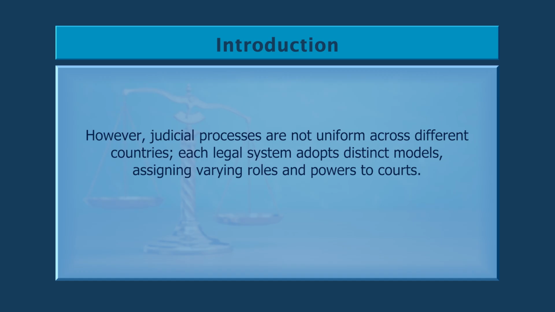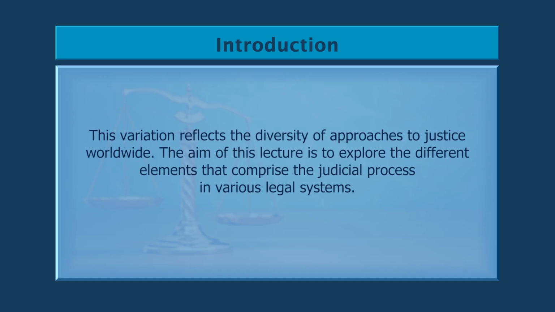Each legal system adopts distinct models, assigning varying roles and powers to the courts. This variation reflects the diversity of approaches to justice worldwide. The aim of this lecture is to explore the different elements that comprise the judicial process in various legal systems.